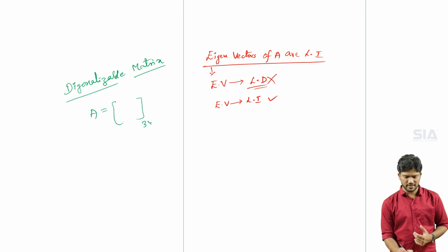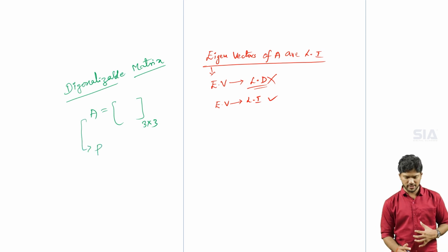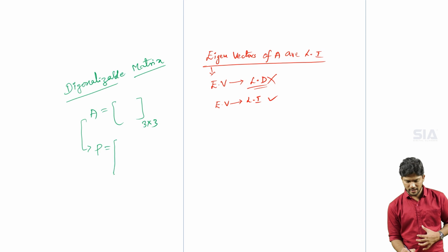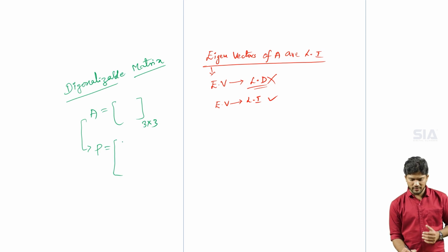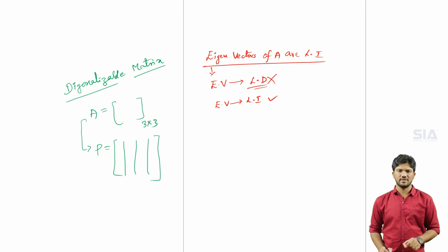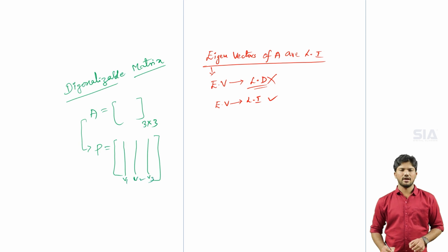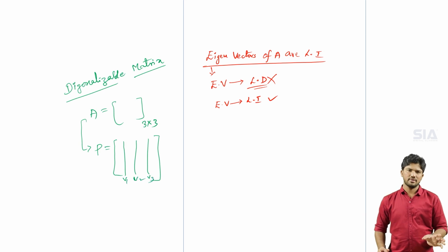For example, 3 by 3. For this capital A, we have to generate capital P. That is our work. That capital P we can write from the eigenvectors: the first eigenvector, second eigenvector, third eigenvector. Why? Because we need small n linearly independent eigenvectors v1, v2, v3. So here the columns of capital P are the eigenvectors of capital A.